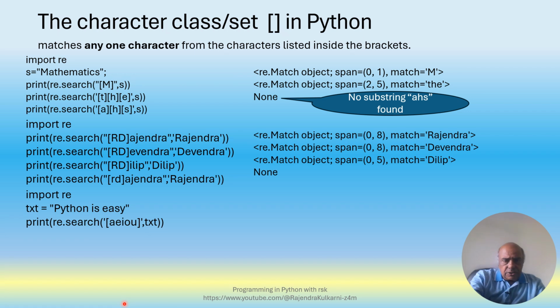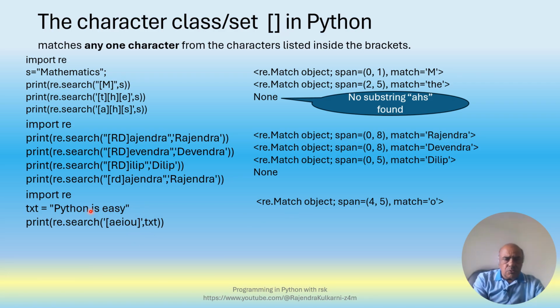After executing this re.search statement, what we get is O. We can find O is the first character appearing in txt which is included in our search criteria AEIOU.